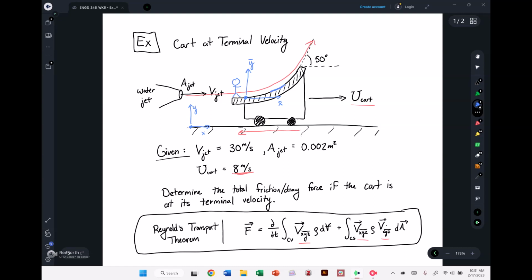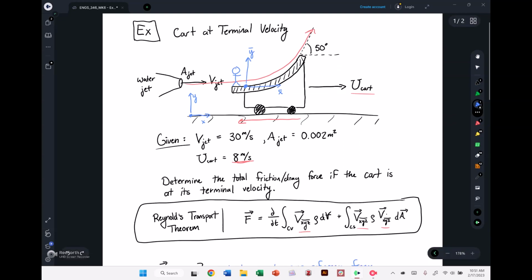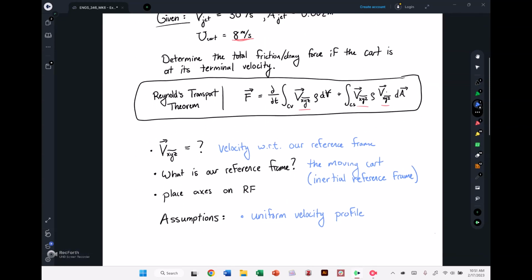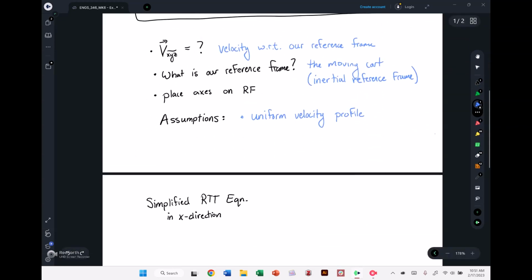So the water that's touching the surface of the cart is going to be stopped, but actually it's not in contact for that long. It's going to be shooting in fairly fast, and maybe this isn't a particularly long cart. So as we'll keep learning, that's maybe not a terrible assumption. So uniform velocity profile.